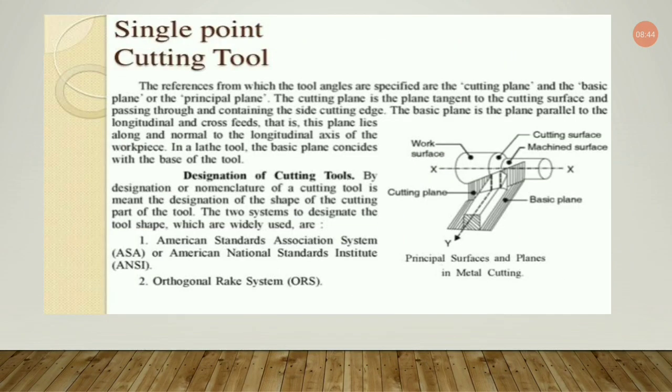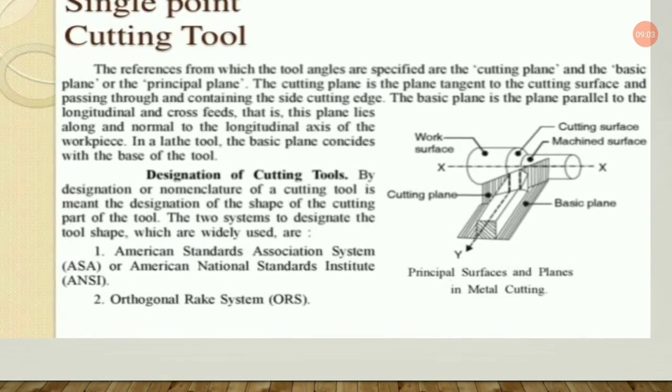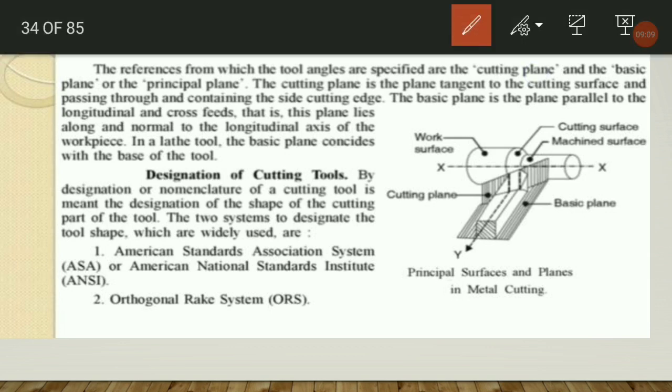Now let us have some more words on the ASA system. This American Standard Association system, designation of the tool nomenclature is purely geometrical in nature and is not related to the mechanics of the process. The ASA system specifies the tool geometry with two intersecting orthogonal planes, one parallel to and the other perpendicular to the axis of the cutting tool.